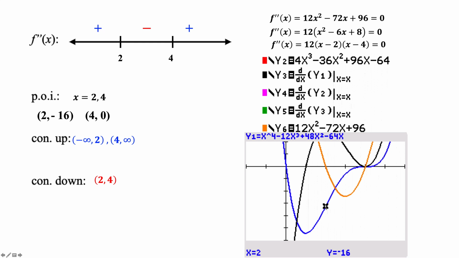And sure enough, from this point, you can see that it's concaving up. All right, then from 2 to the 4 over to here, this is where my orange curve is negative y's. That's where my original graph has to concave down. Then at that 4, now my orange has all positive y's, and now notice the blue graph is concaving up.